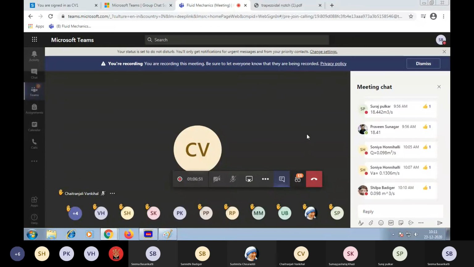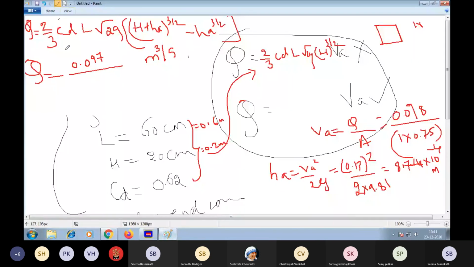Any other answers from your end? So the answer for Q is 0.097 meter cube per second. This is the correct answer.